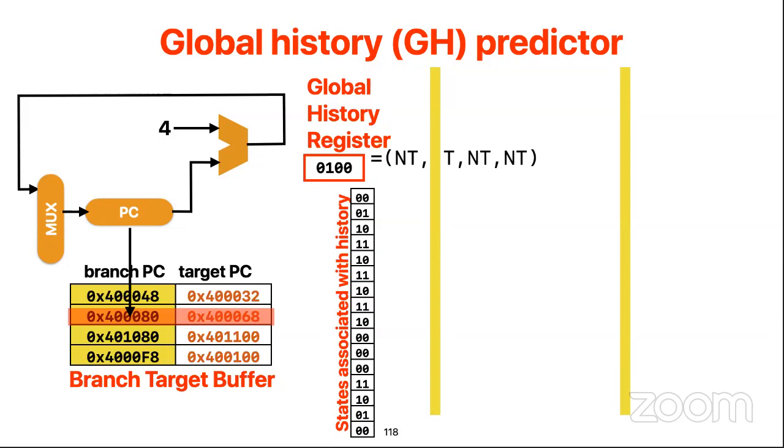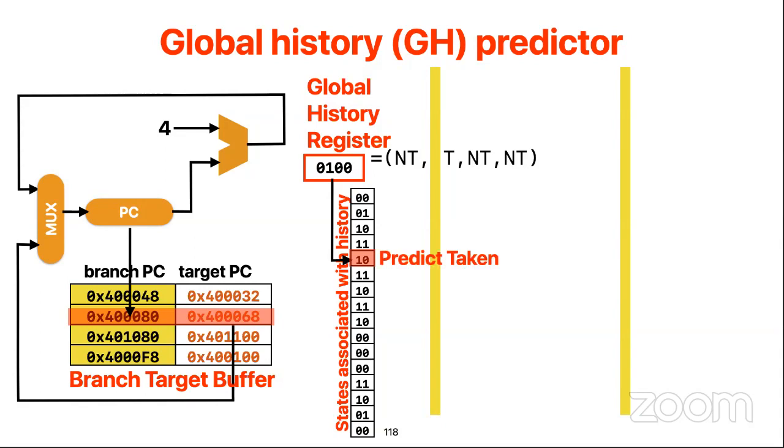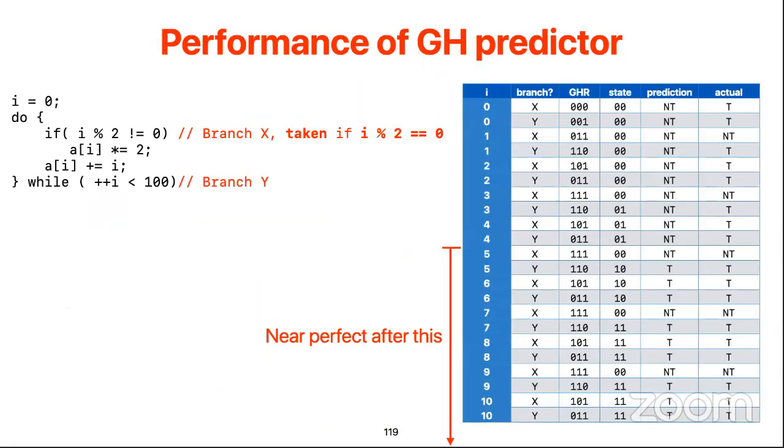But to predict if it's going to be taken or not, I use the global history register as the index to access a table of states. Each state is trained separately based on the last time I saw this global history register value, whether it was taken or not taken. The way we train those states is the same as the 2-bit saturating counter algorithm that we discussed previously. So that's the global history predictor.